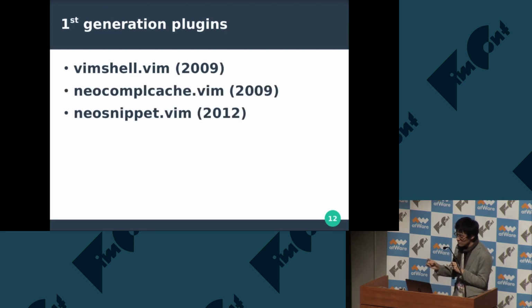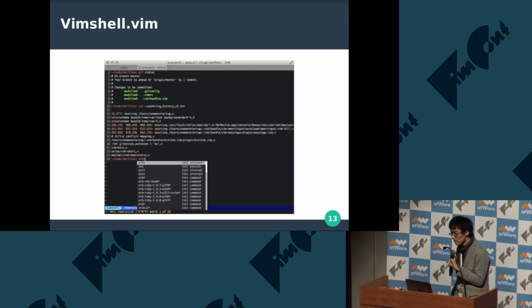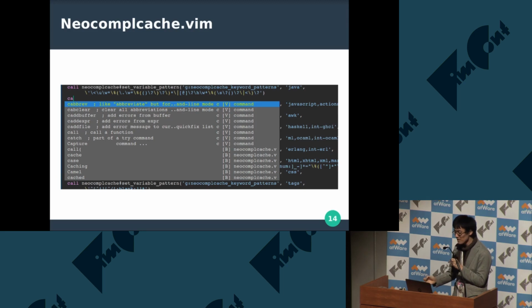After that, I created Vim plugins. I was not satisfied with existing plugins. They are the first generation plugins. VimShell is a shell terminal plugin from before Vim got the terminal feature in Vim 8. NeoComplCache is an auto-completion plugin.